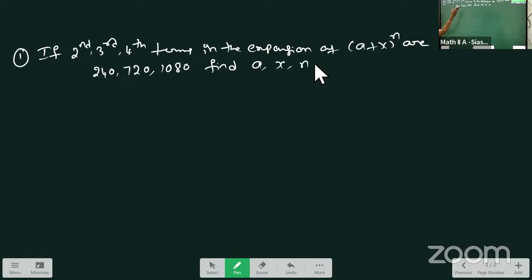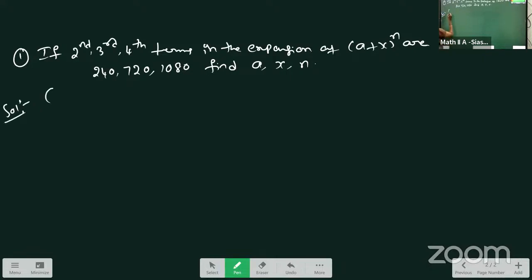A single expansion is given and the second, third, fourth terms of the expansion are given as hints. He is asking to find the values of a, x and n. So for this, you have to go with the procedure of the solution.